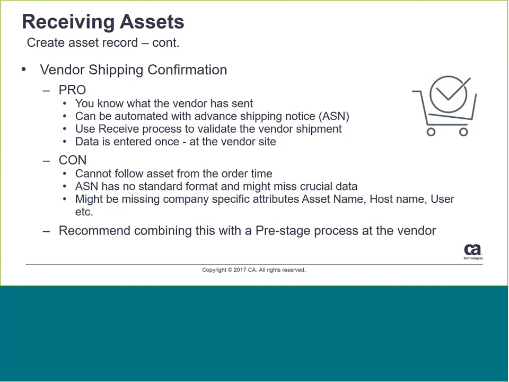Also, some of the specific company attributes like the barcode and the username and the asset name might not be part of that file. Again, many of the companies will gladly take your money in order to add these things to the build, and more and more companies are now using services where the machines are provisioned at the vendor side.